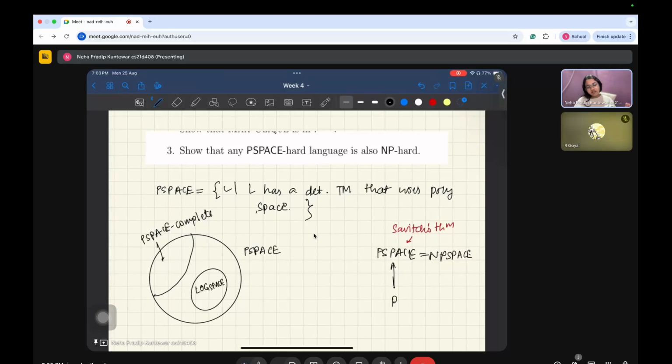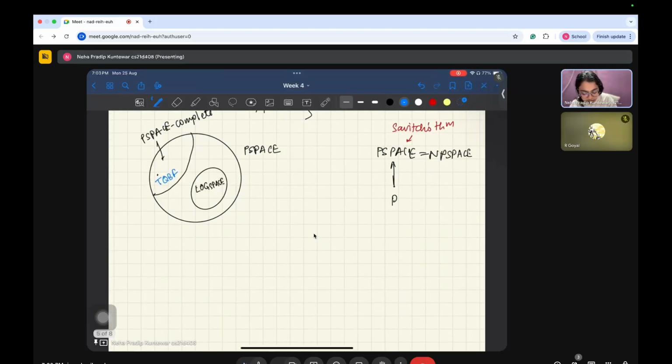So the question is, do we know languages here that are P-space complete? Do you recall? Yes, correct. We have TQBF, for true quantified Boolean formula, which is basically that you have a formula phi on variables x1 to xn, and each variable has to be quantified.